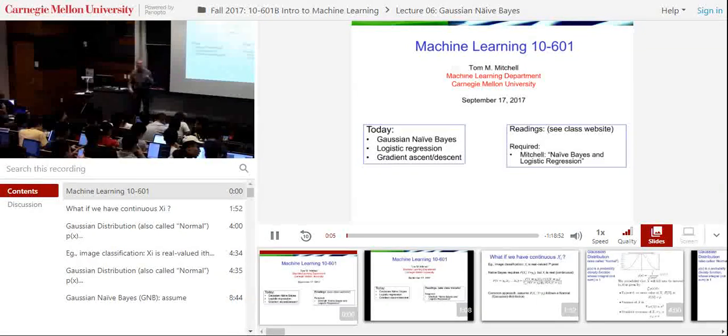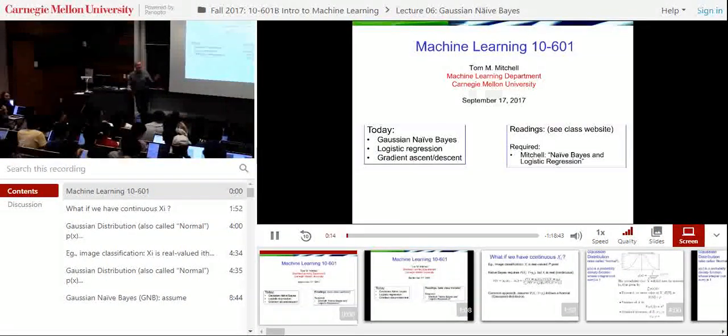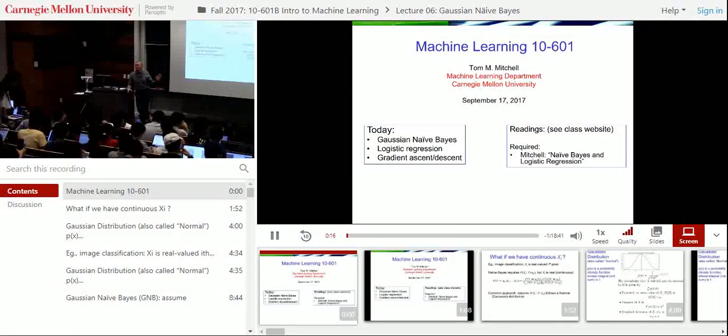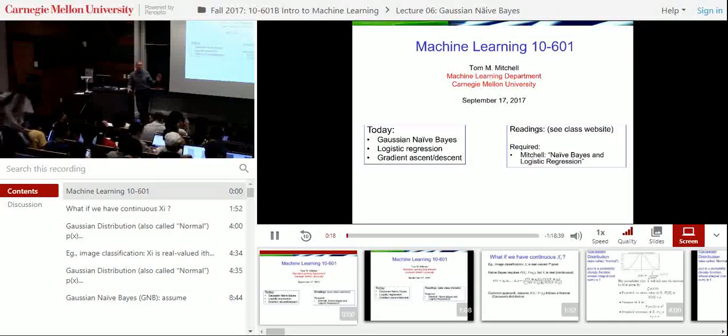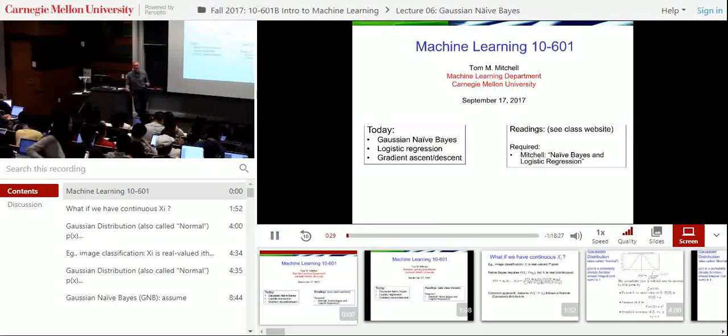Actually, as we begin, I want to point out to the people who are watching on video that there are open seats in the room. As I look around, I see probably 30 free seats in the room. I don't know if that's a good sign or a bad sign, but it was recently the add/drop date, and we did lose some of the students who are not as committed to machine learning as those of you who are still here.